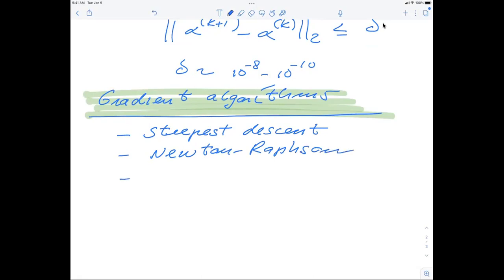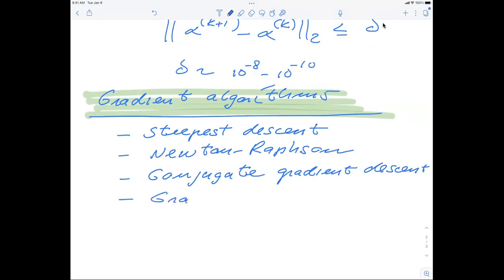We are going to look at an algorithm which is perhaps the golden standard in this kind of gradient methods, and that's called the conjugate gradient descent. We have the plain gradient descent method.